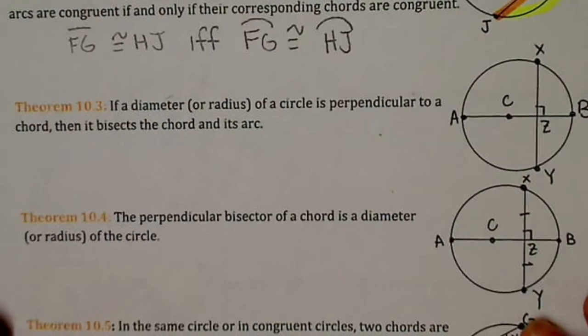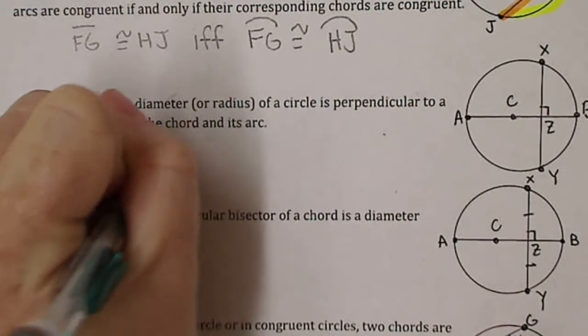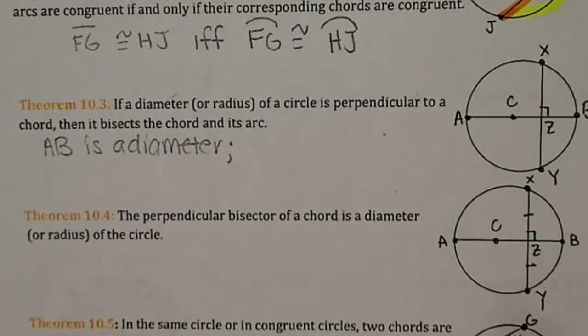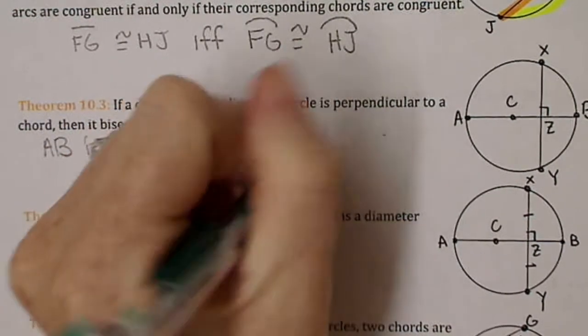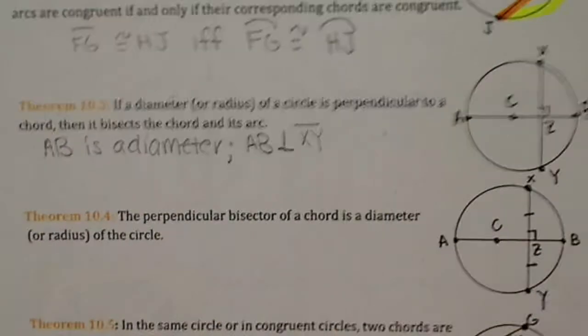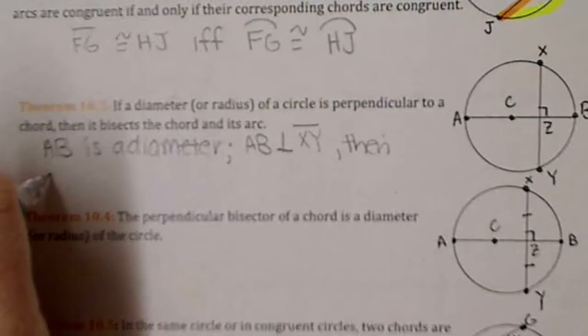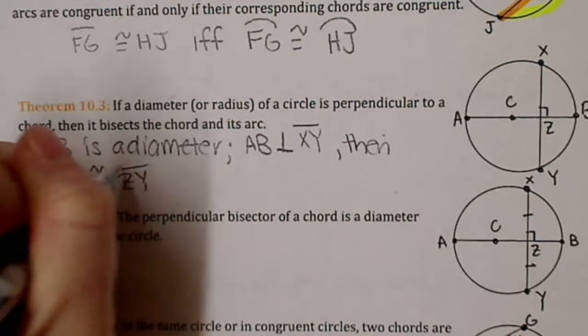Theorem 10.3 is talking about the diameter. You need to be able to define that AB is a diameter. And then what it's saying is that not only is it a diameter, but it is perpendicular to a chord. So AB would have to be perpendicular to the chord XY. If that is true, then we could say that XZ is congruent to ZY.